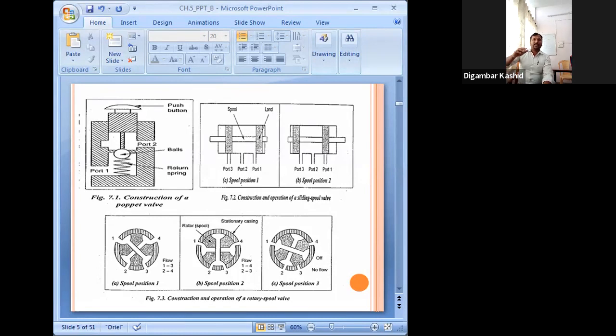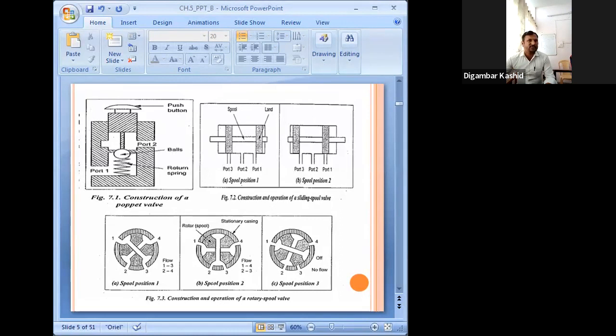Getting it? And once the push button is released and brought back to its original position, the spring will take its original position. That means retention will happen, and the ball will stop the valve. So in the normal position, this valve is closed.